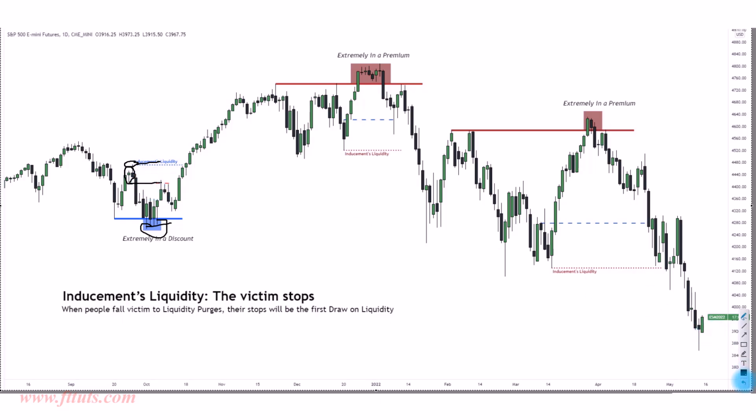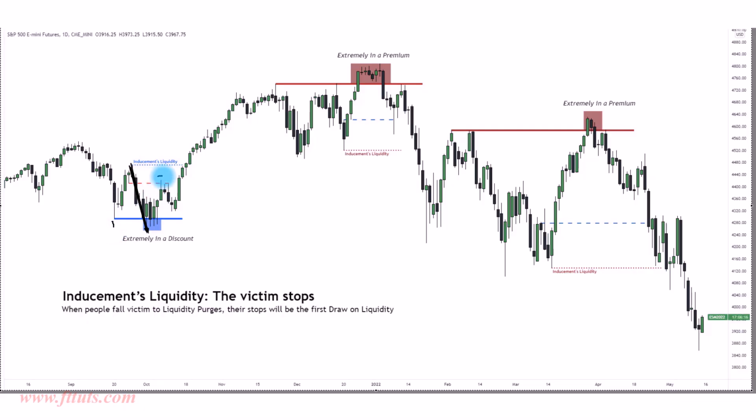The person that sells that order block, however, where they're going to place their stop, they're going to place it here. So that's why we view this entire leg as the inducement liquidity. Okay, so the purge happens here. This induces shorts in the market. How does it induce shorts in the market? People selling on the breakout, one.